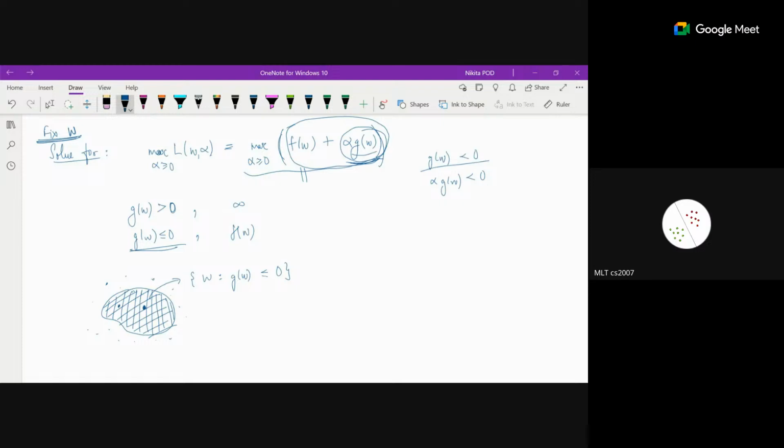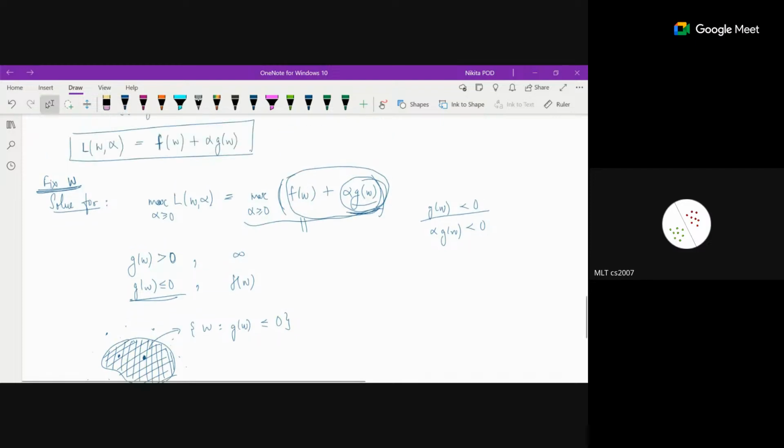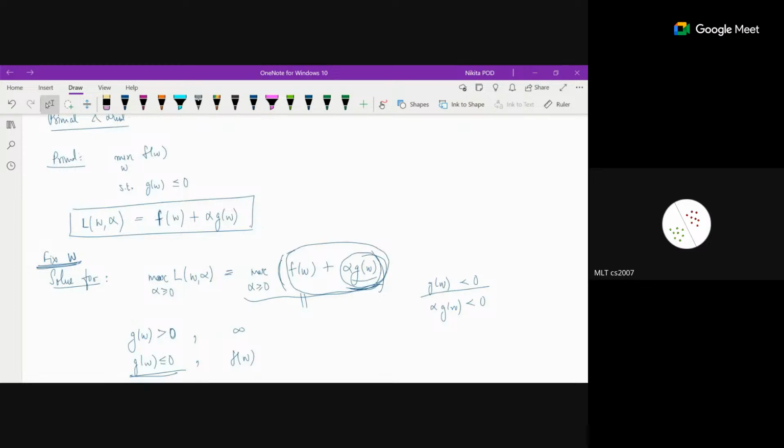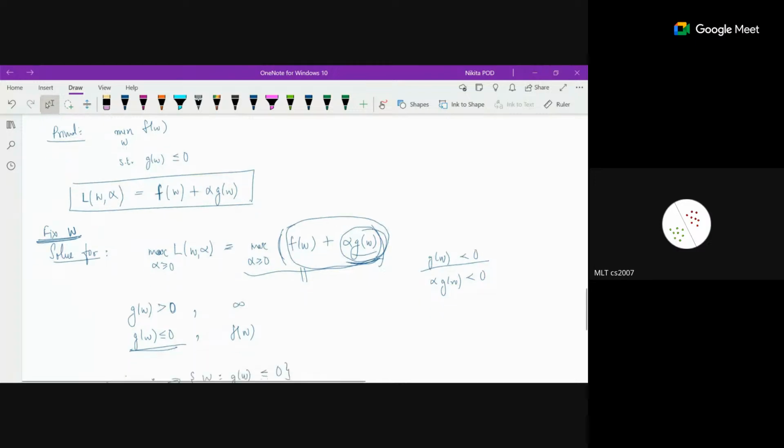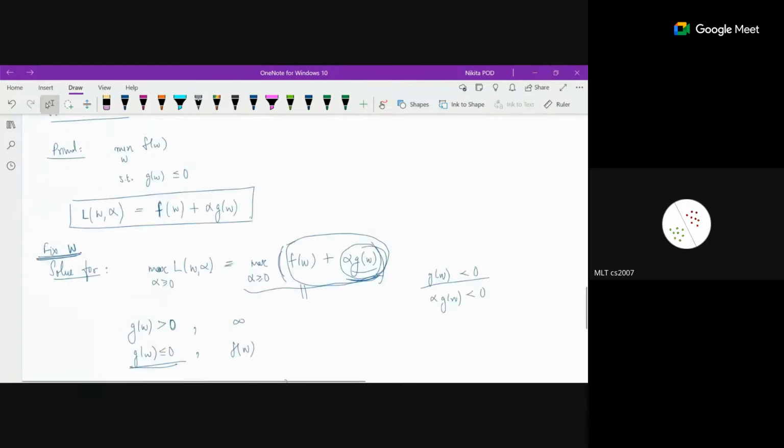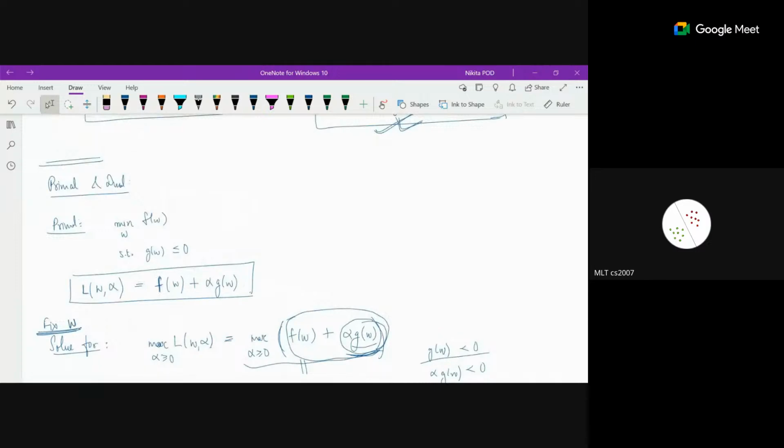Any w that I take outside this region. So, what my original problem was: we wanted to minimize this f of w subject to this constraint, right?